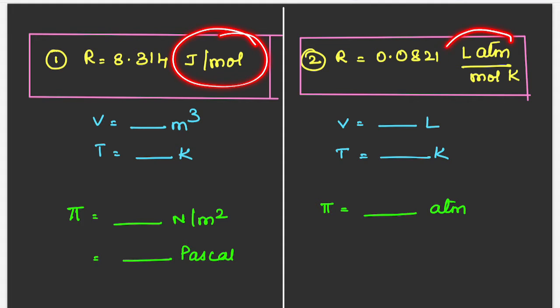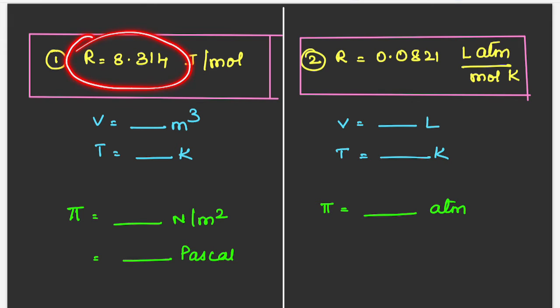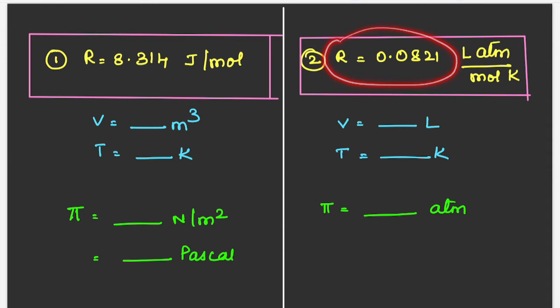Depending on the unit, the units are different, therefore we are taking different values of R. So which R value do I have to take in the calculation? This depends upon the answer.